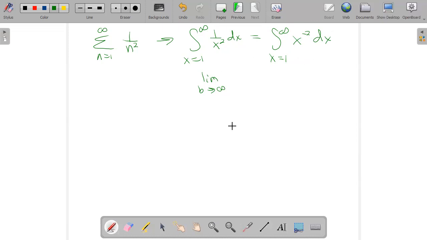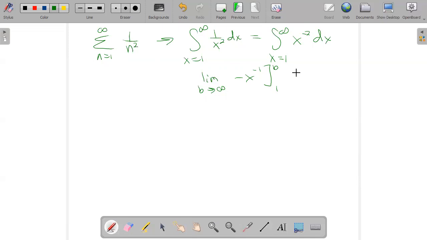What's an antiderivative for x to the negative 2? It is negative x to the negative 1, right? We increase the power, then divide by it. So increasing it to negative 1, divide by negative 1, we get a negative number. So it is negative x to the negative 1, and that's being evaluated from 1 to b here.